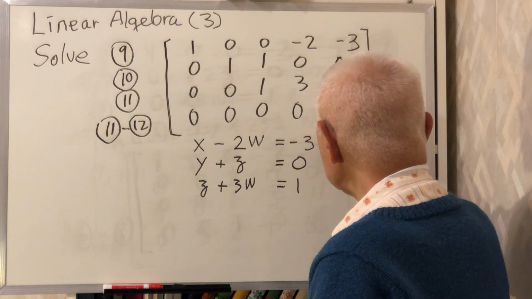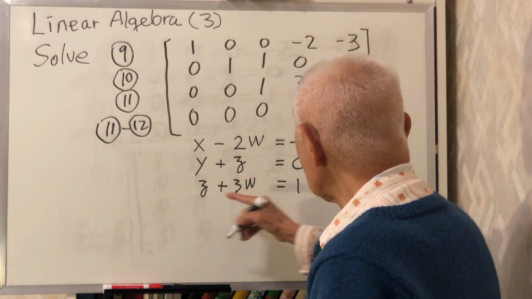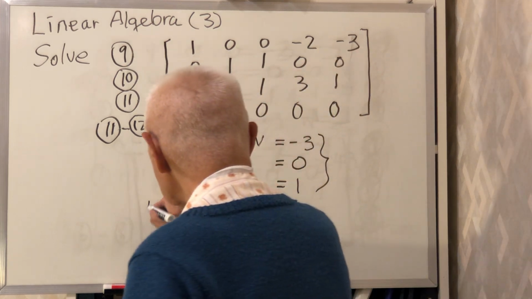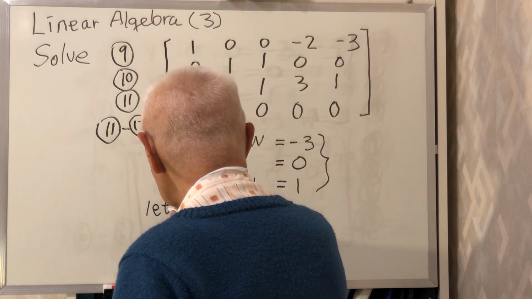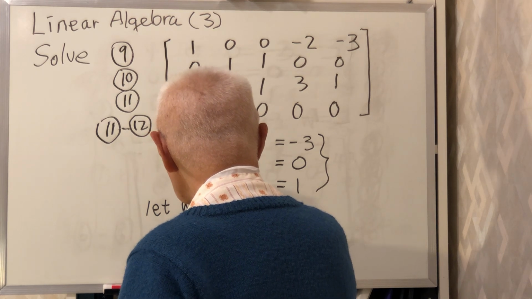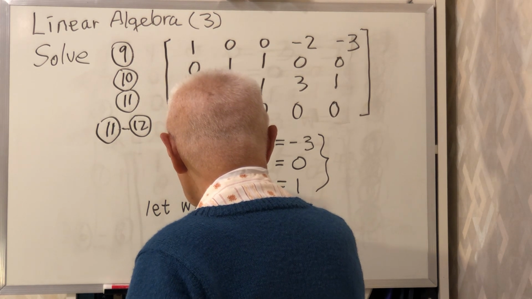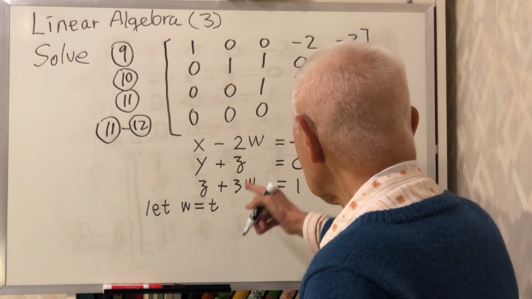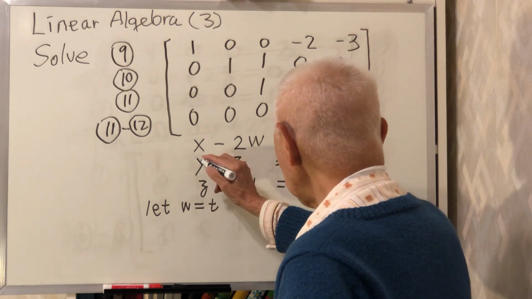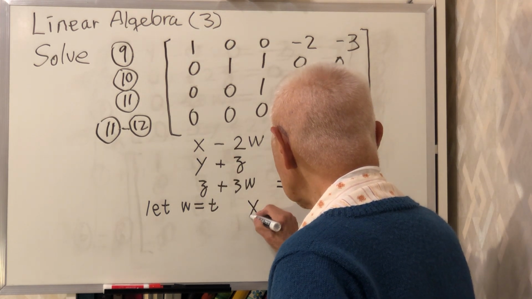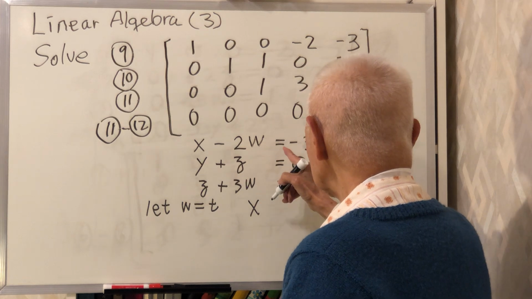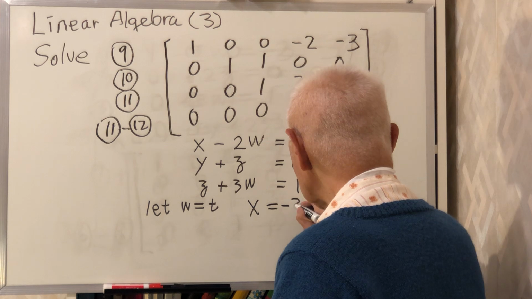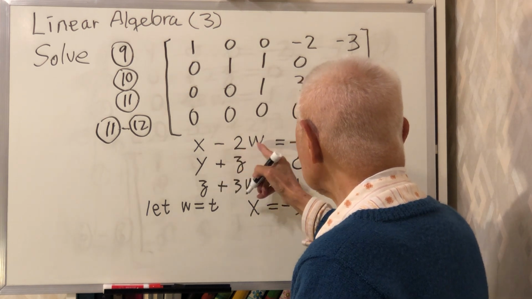I have 3 equations, 4 unknowns. So I let w equal a parameter. If I do that, then x is -3 plus 2t.